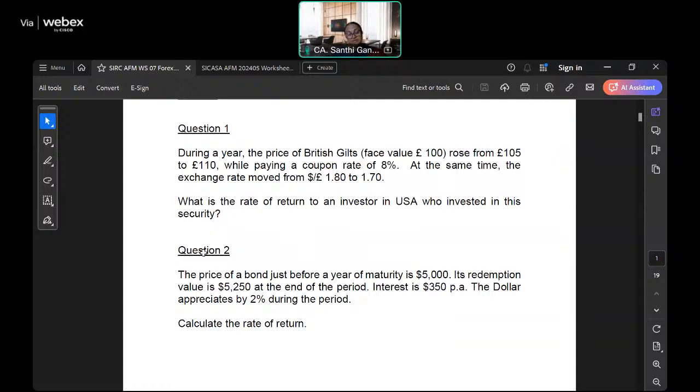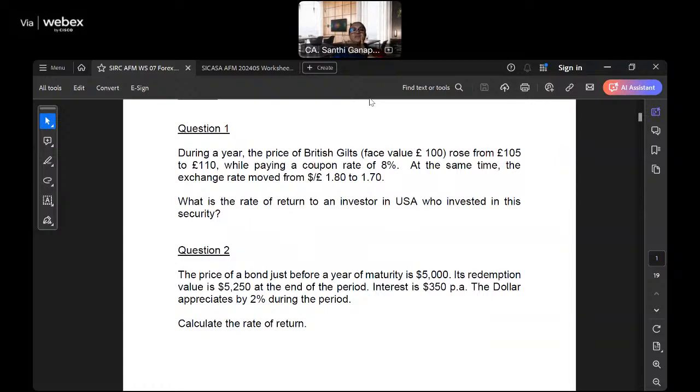The only thing here is that an exchange rate is involved because we are talking about investment in a foreign country.